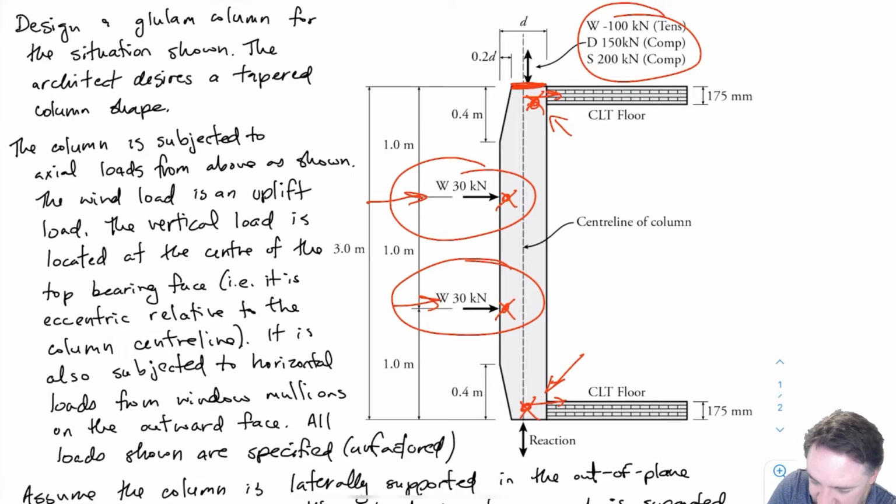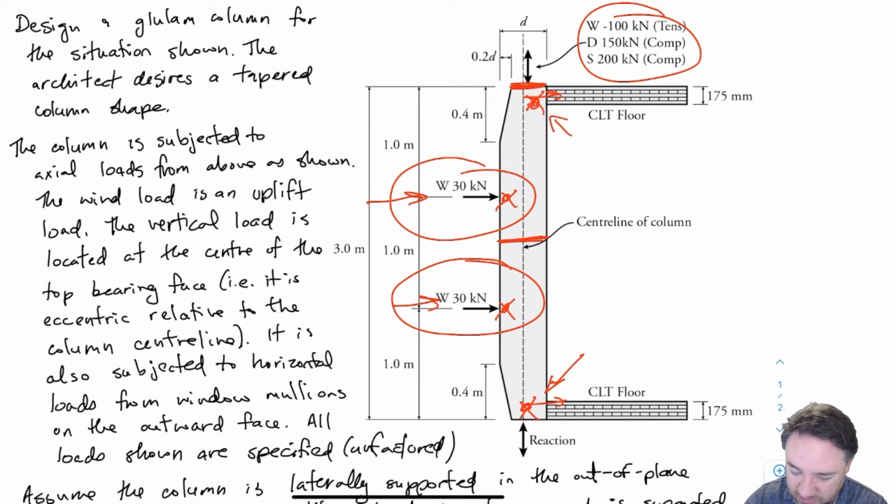That top face is not as wide as the entire beam because of those cutouts. Due to geometry, this thing is obviously stepping in at some point here, and there's something sitting on top in the real structure. That load is centered at the center of that top face instead of at the center line of the entire member. So it's not located here. It's located off from that a little bit.